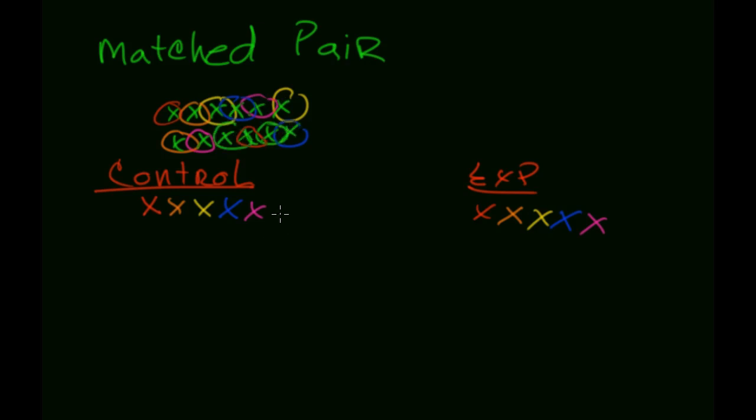So the last one's there. And now I have a control group that looks very similar to my experimental group, and I can kind of keep them categorized one by one and see how that works out. So I have a matched pair going on here.